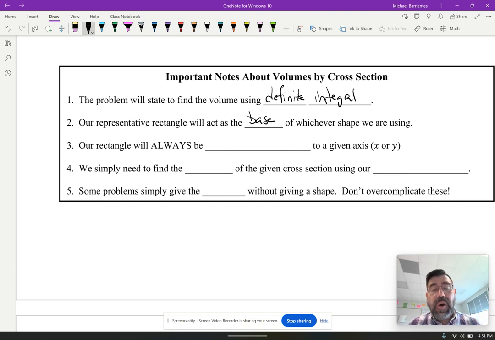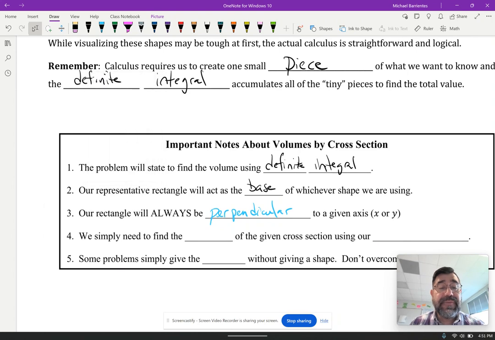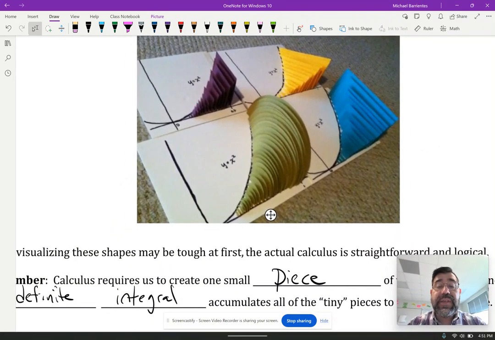Our rectangles will always be perpendicular. They're always going to use that phrase, perpendicular to either the x-axis or the y-axis. So if you look at your paper and these examples, notice that all of these shapes are perpendicular to the x-axis. They make a right angle with the x-axis.